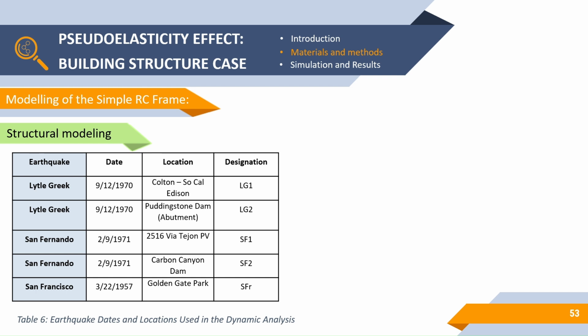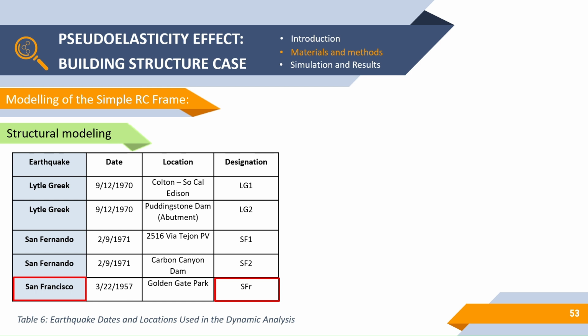For the dynamic analysis of the reinforced concrete frame, 5 different earthquake records were used: Little Skull 1 and 2, San Fernando 1 and 2, and San Francisco.